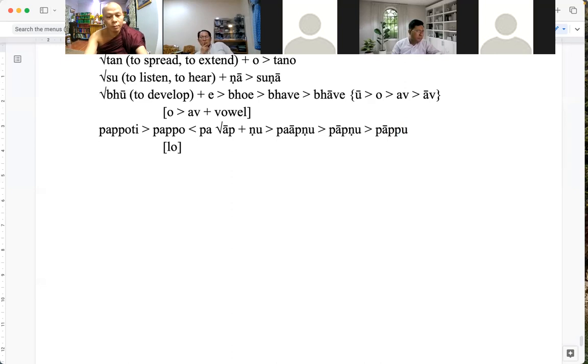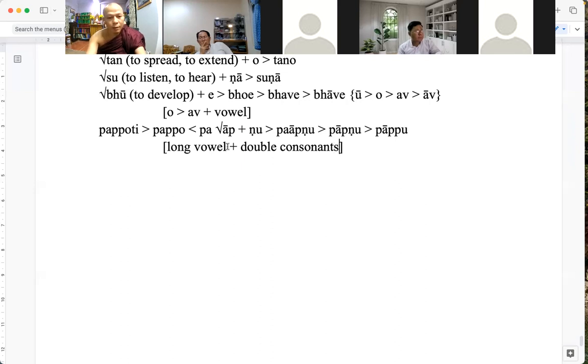So long vowel before the double consonant. Okay, double consonants.